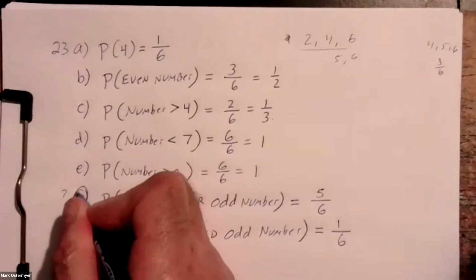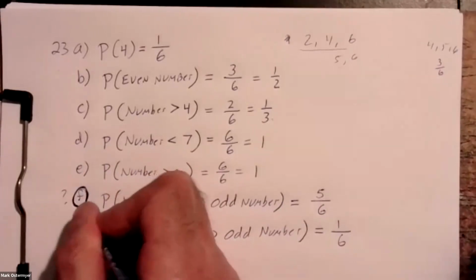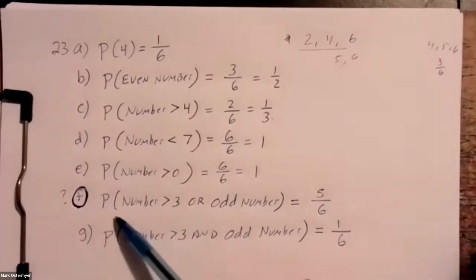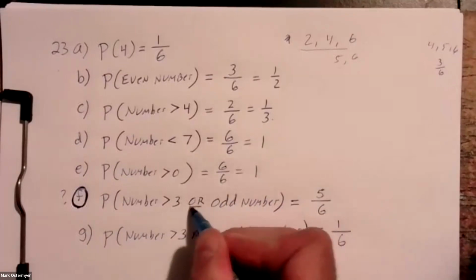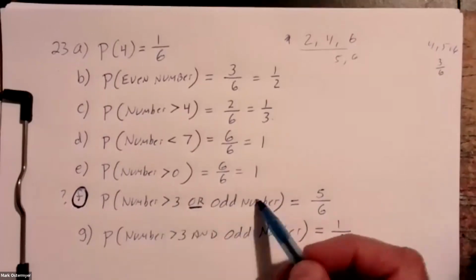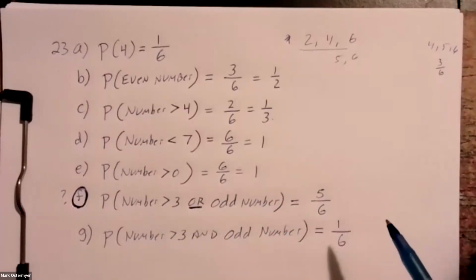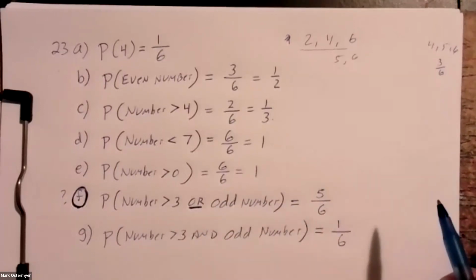Now, question F. This question is not really ready for us yet. They should not really have put this question in this section here. "Or," ladies and gentlemen, we'll find out, means that we add the probabilities together, the individual probabilities together. But the problem is we would be double counting some of these events or outcomes in enumerating these events here.